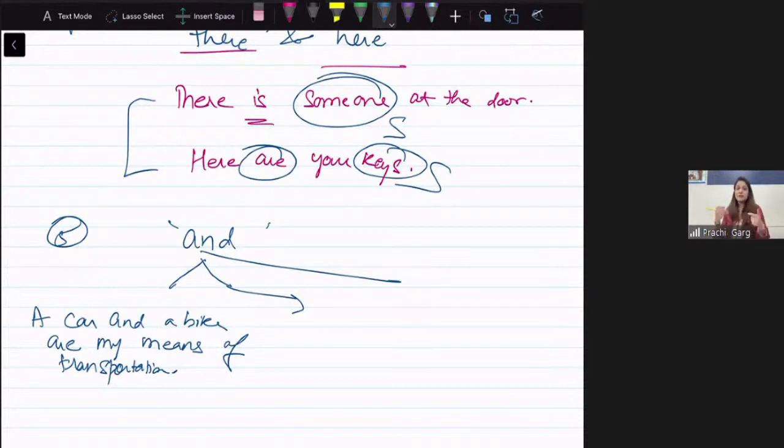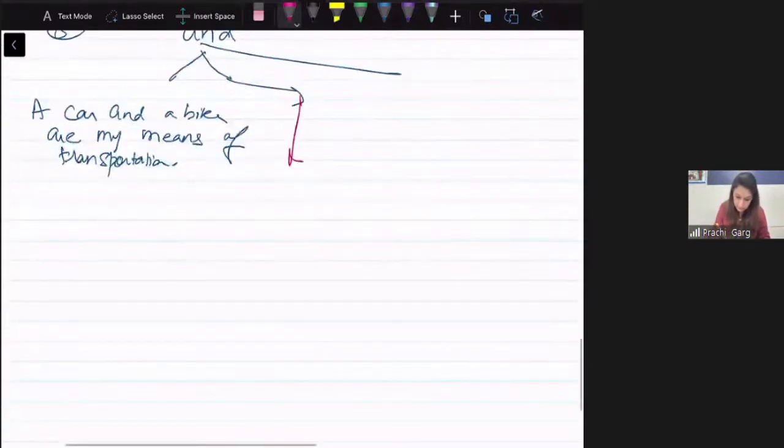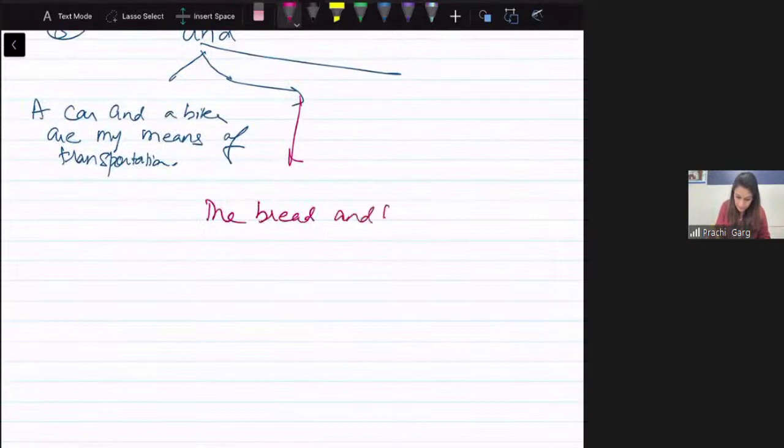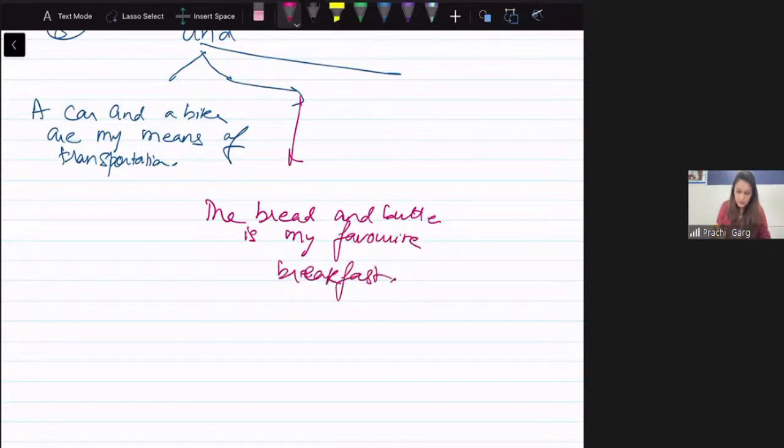Bread and butter is my favorite breakfast. In case of bread and butter, we again use a singular verb.